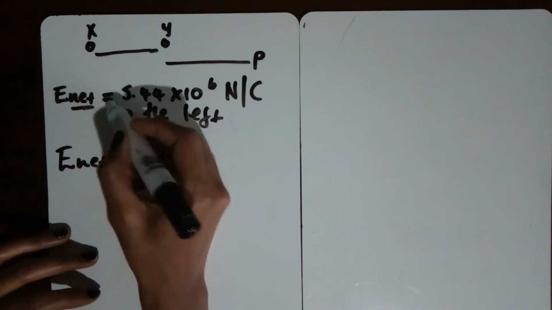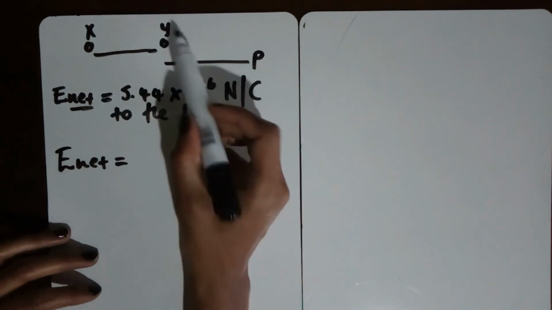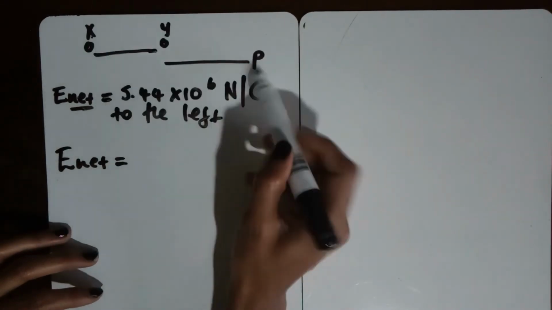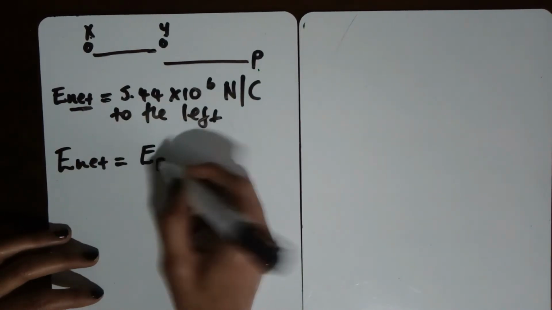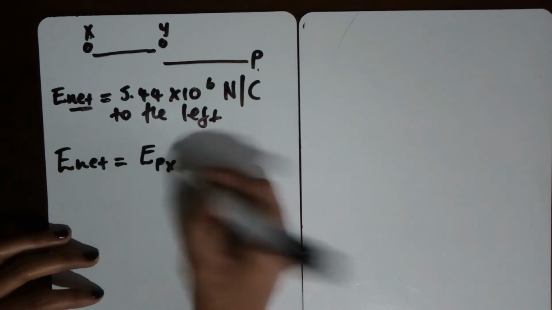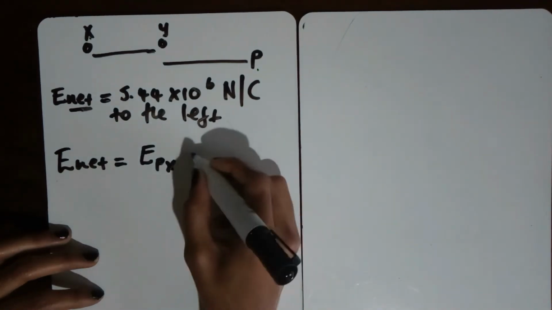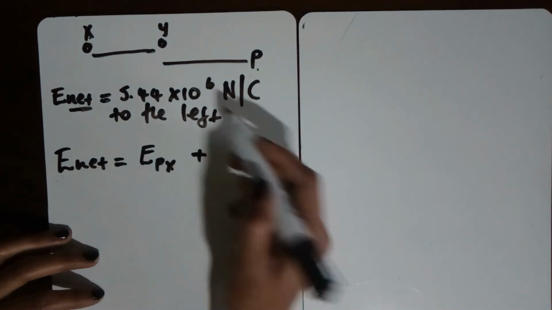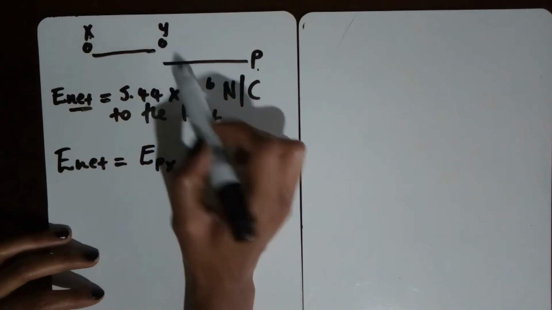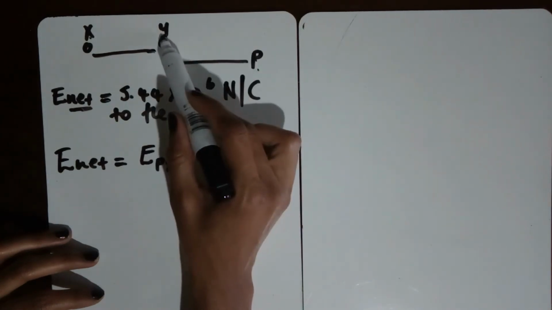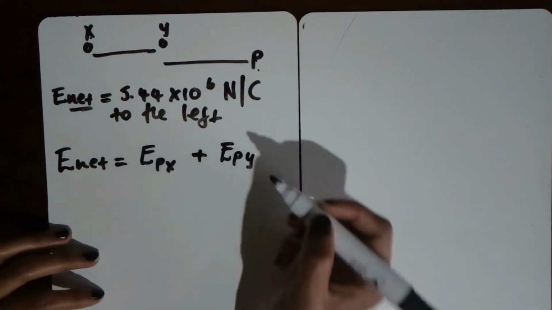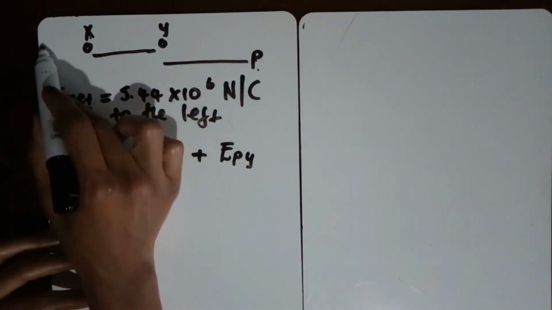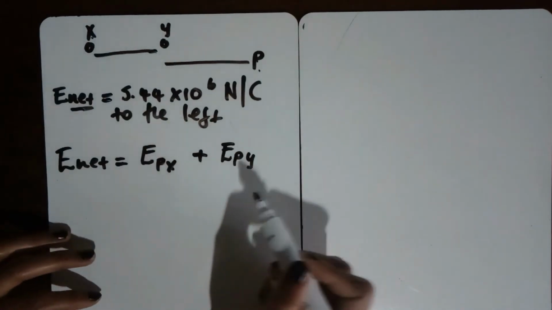We'll add the electric field due to point X on P, so we'll have E on P because of X. And then the second contribution will be the electric field on P due to the presence of Y. If we had another charge there, we'd also add that contribution.